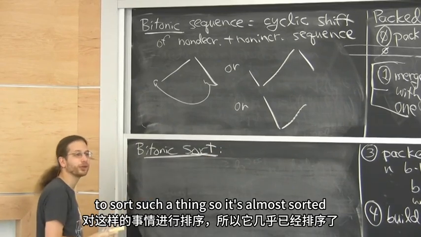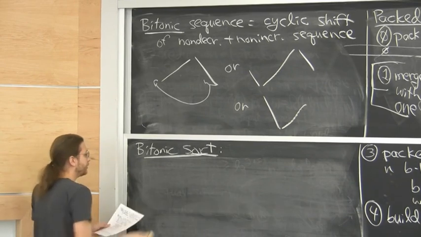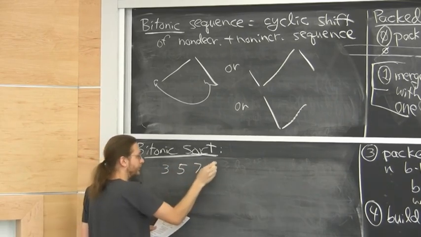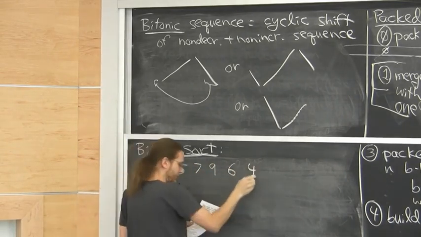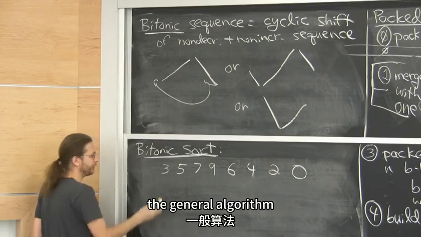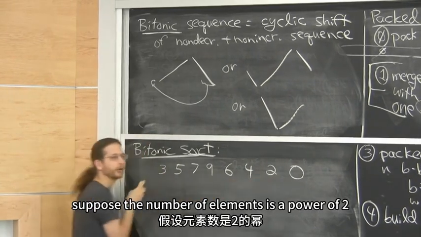So it's almost sorted, but not quite. And there's this way of sorting them. So I'm going to draw a picture to make it easier for me. It's more annoying to write down the general algorithm. So suppose the number of elements is a power of 2.